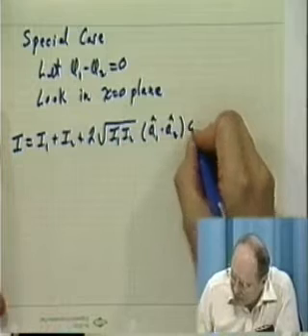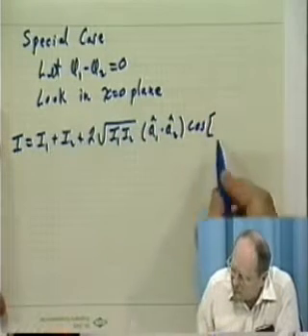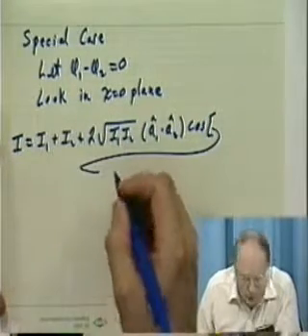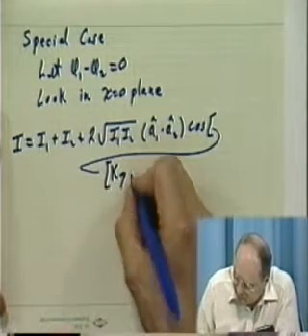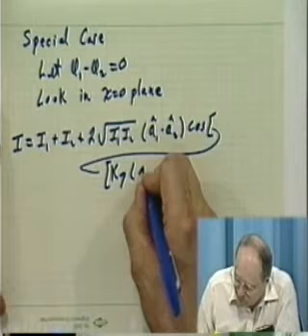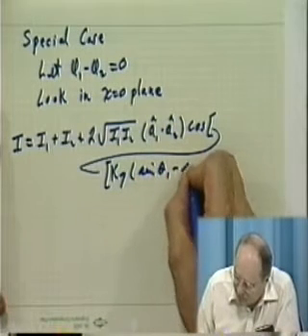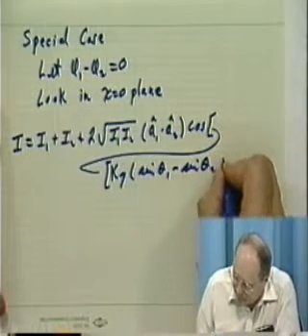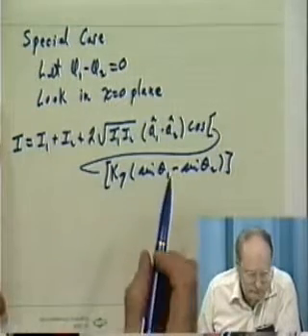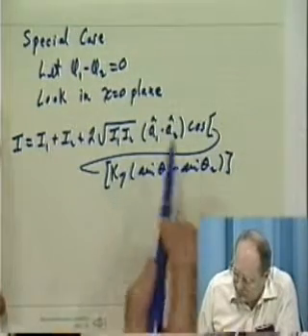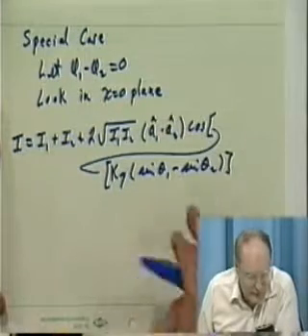And then I'm going to have a cosine of ky times sine theta 1 minus sine theta 2. So cosine of ky times sine theta 1 minus sine theta 2.